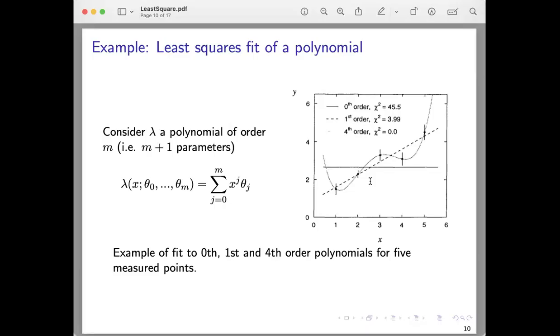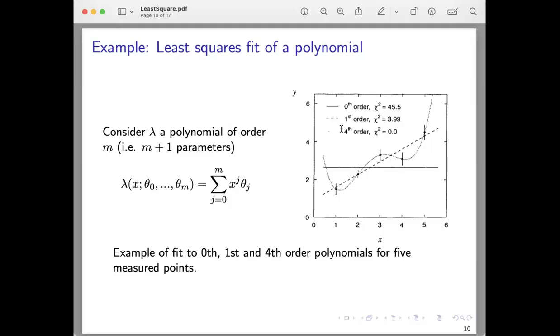If you try to fit first order, you get chi-square of around 4, which looks a bit reasonable. Now the fourth order, which has 5 parameters, and you have only 5 points, fits exactly to these points. So the chi-square becomes simply 0.